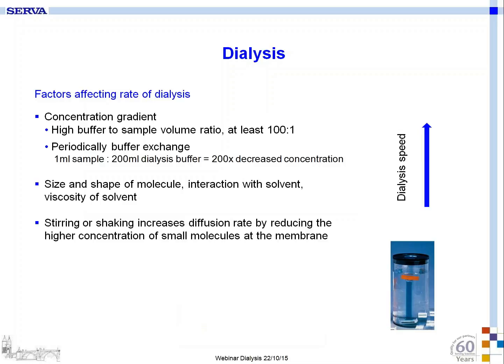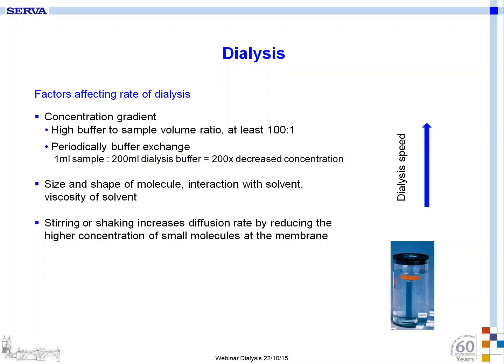If the substance you want to dialyze and diffuse out of the membrane has a high concentration in your sample, the diffusion rate for this substance is much higher, because the probability that the molecules will be in contact with the membrane and then diffuse or migrate through the pore to the outside of the membrane is much higher. A high concentration gradient is as well a good force for diffusion speed.